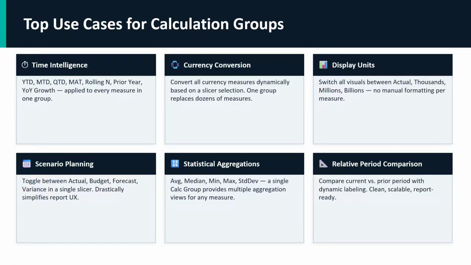Just write it once and it does the work for you. Then the relative period comparison, the current versus the previous period. It does it automatically without you hard coding any date logic into every measure that you have. So these are the top use cases. Use this to spark ideas in you.